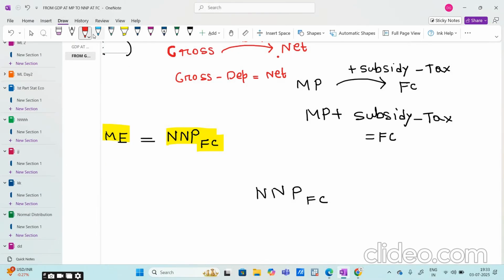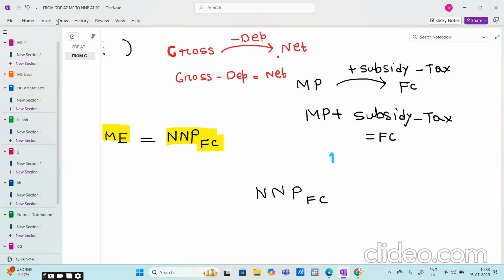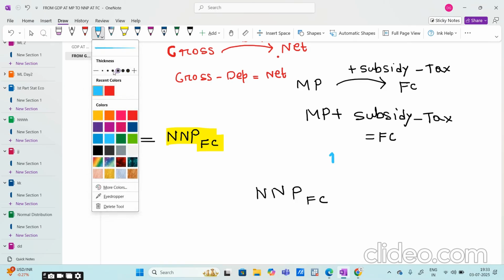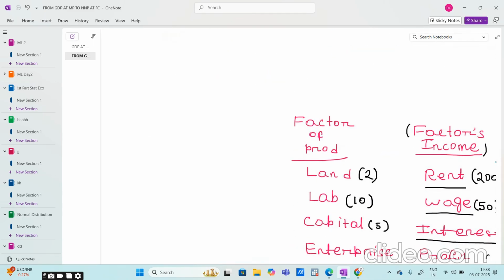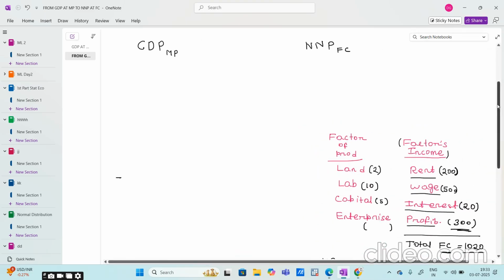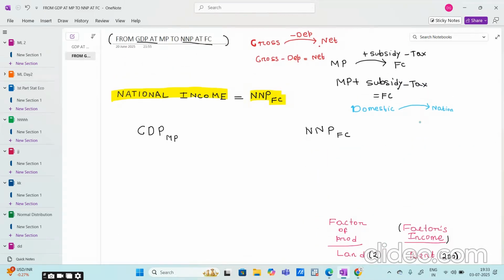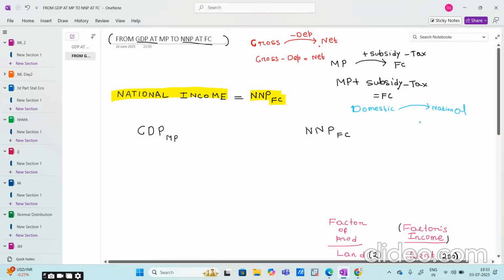And finally, another conversion that we have to learn: if domestic is given and I want to go from domestic to national, that is, suppose gross domestic product is given and I want to go to gross national product, how can I arrive from gross domestic to gross national?